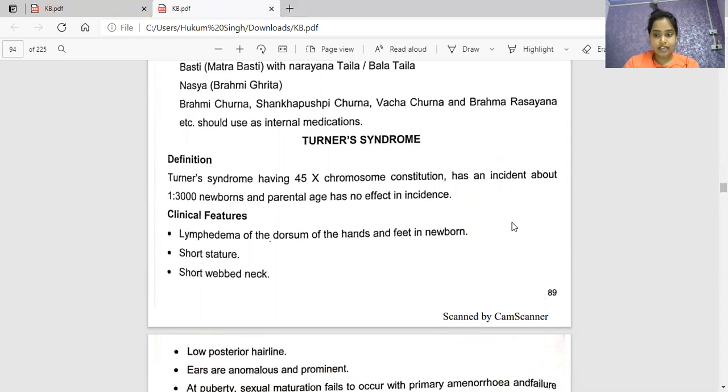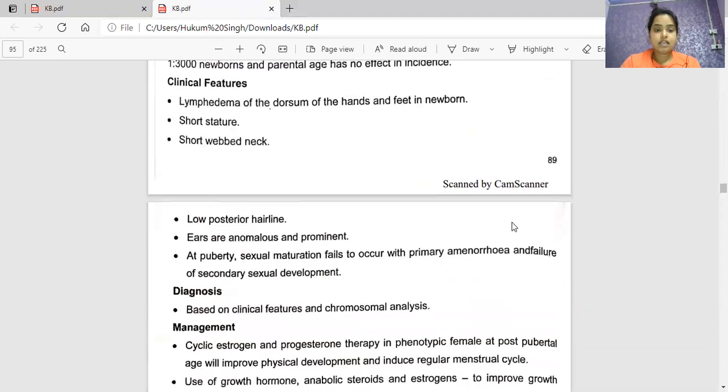Low posterior hairline. Ears are anomalous and prominent. At puberty, sexual maturation fails to occur with primary amenorrhea and failure of secondary sexual development.